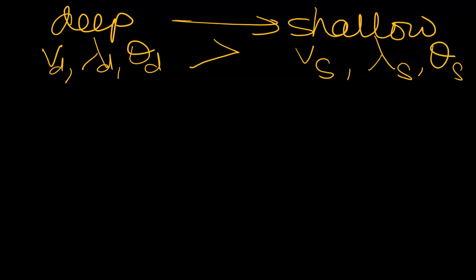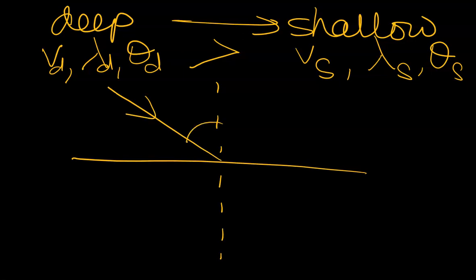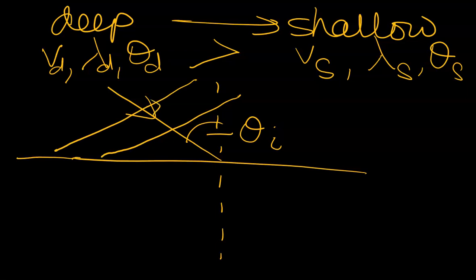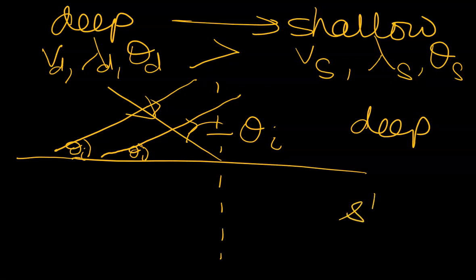So many times you could just show here, if you have your normal here, you have your angle of incidence, and this is taken from light theory, and then you have your wavefronts being perpendicular here, right? And we represent theta I as the angle between the wavefronts and the surface. So this is deep and this is shallow, and we have our wavelength here, lambda d, right?